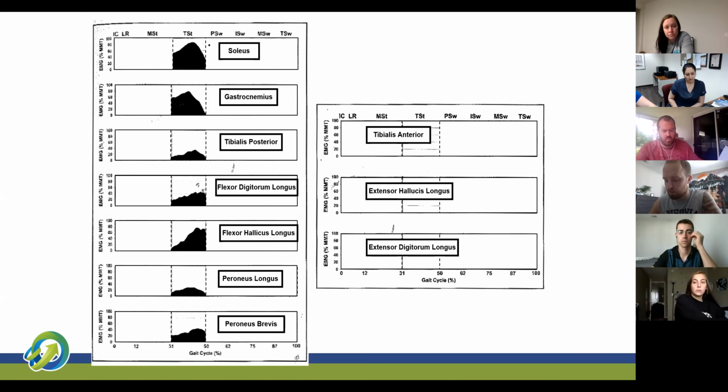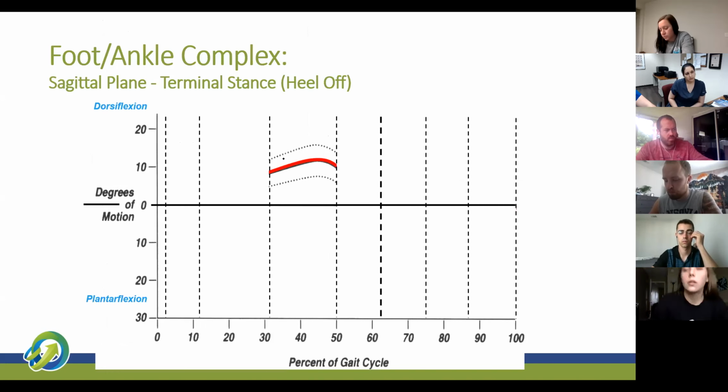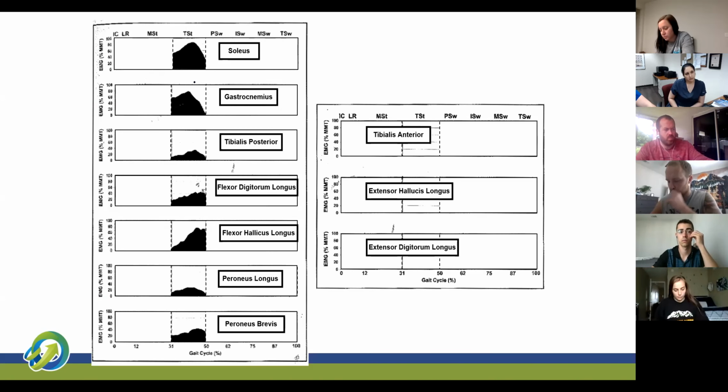Since we're heading back into plantar flexion territory, the soleus, gastroc, and tibialis posterior, all of our plantar flexors, are still acting.